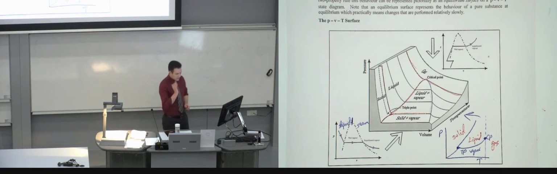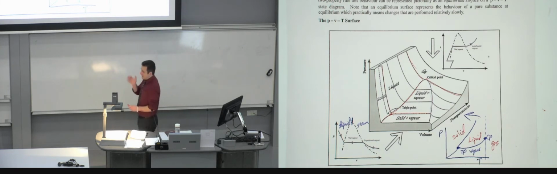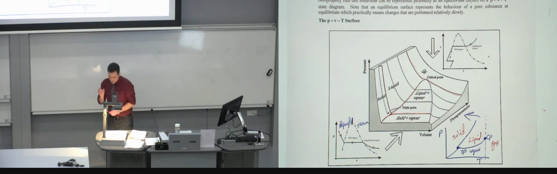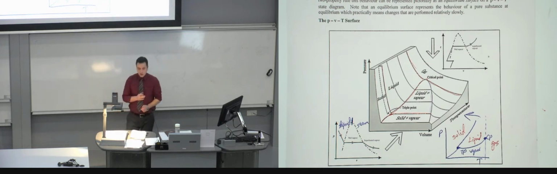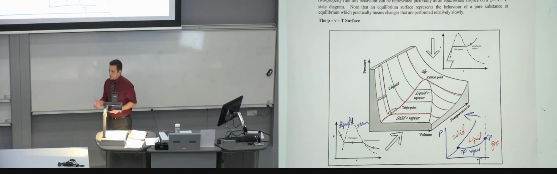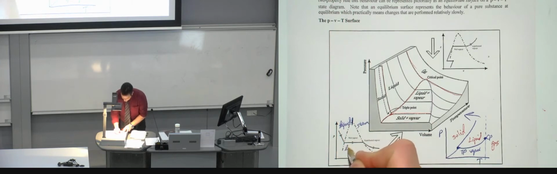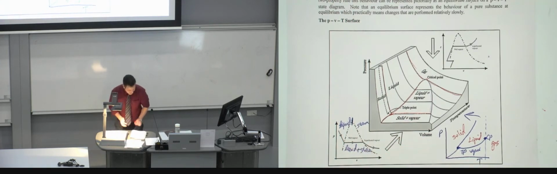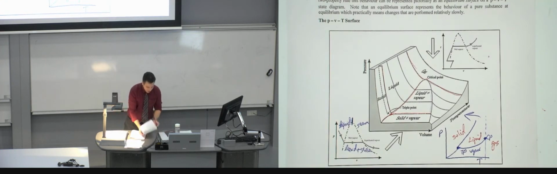The term wet vapor might be a bit confusing, but we're going to be using it a lot, so pay attention to what it means. It means that it's not just liquid and it's not just steam, it's actually a combination. So here we're going to have liquid plus steam underneath this diagram.